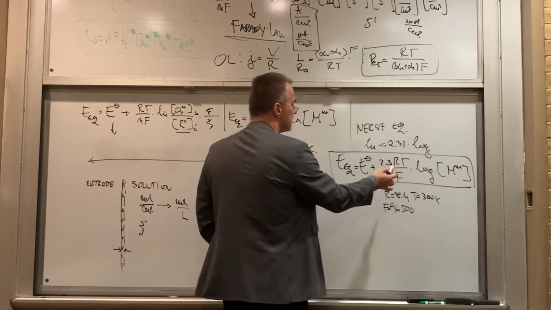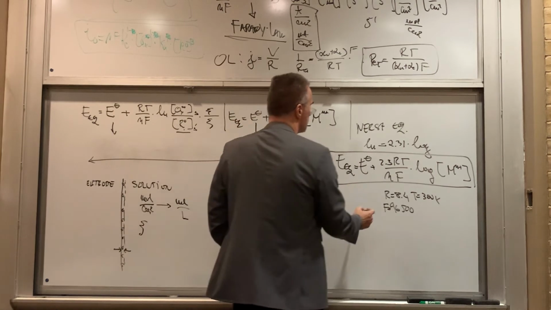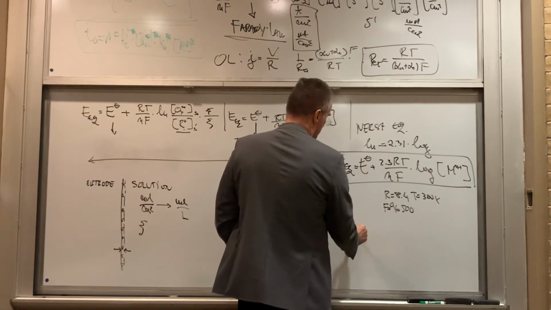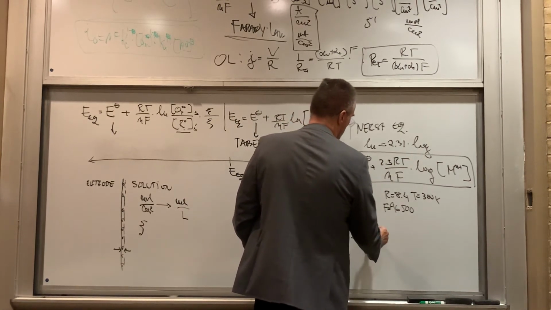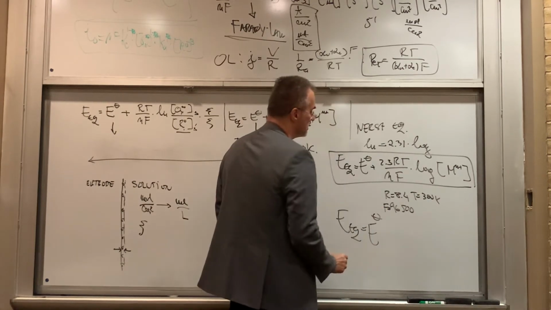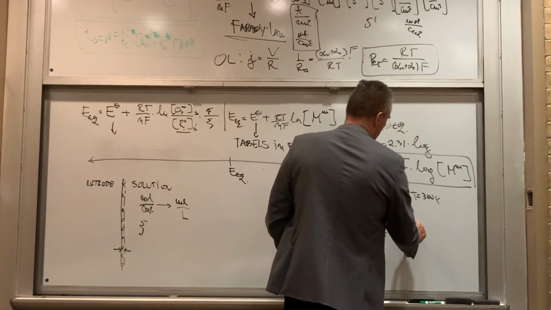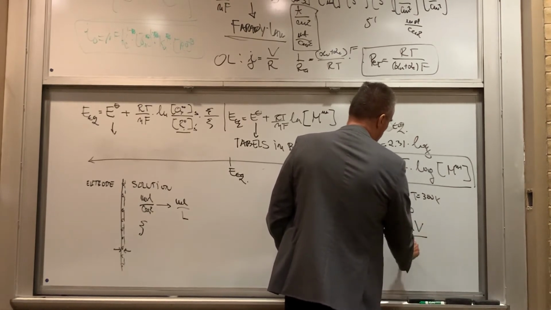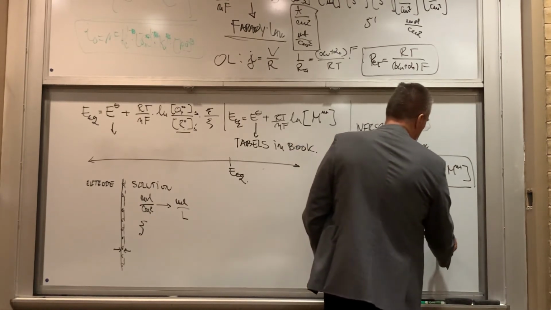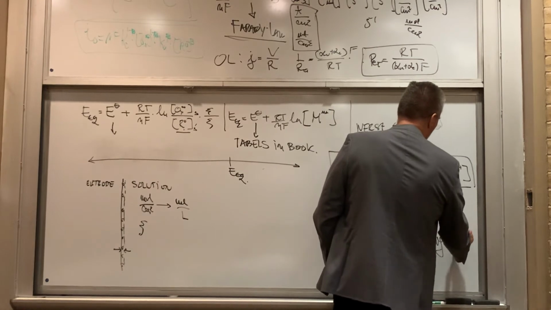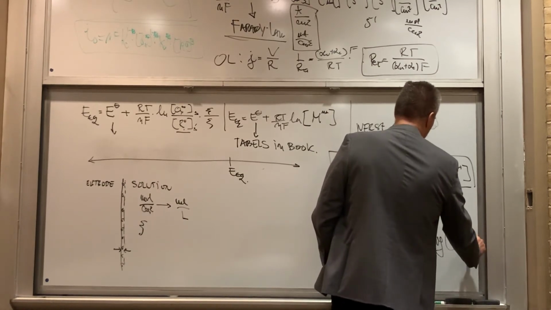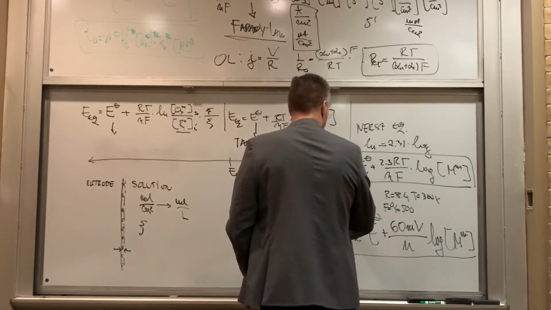So there is some finite number here, and if you calculate it, you can write that the equilibrium potential is equal to the equilibrium potential in standard conditions plus 60 millivolts divided by n times the logarithm of the concentration of metal ions in the solution.